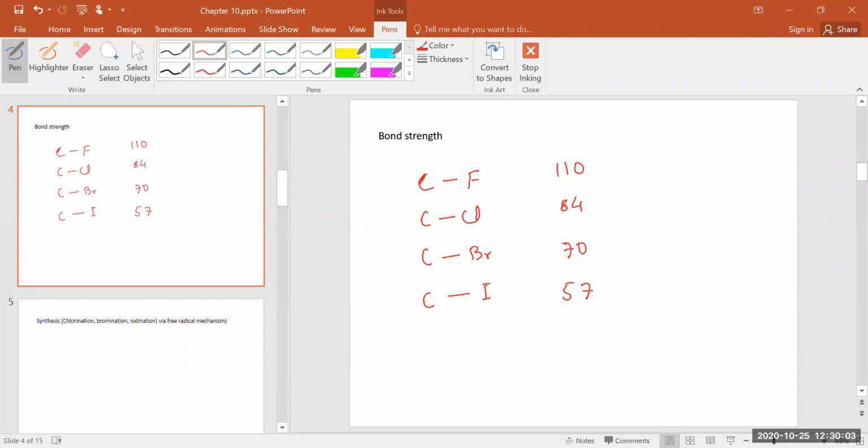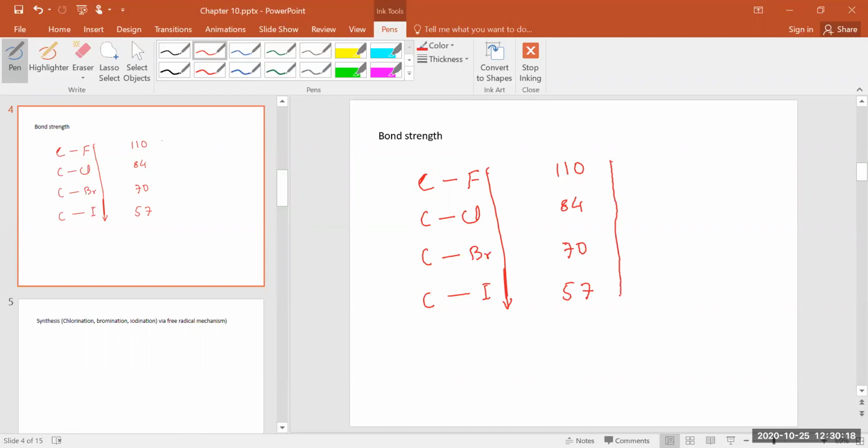So in the periodic table, going down the group, the bond strength decreases very significantly.